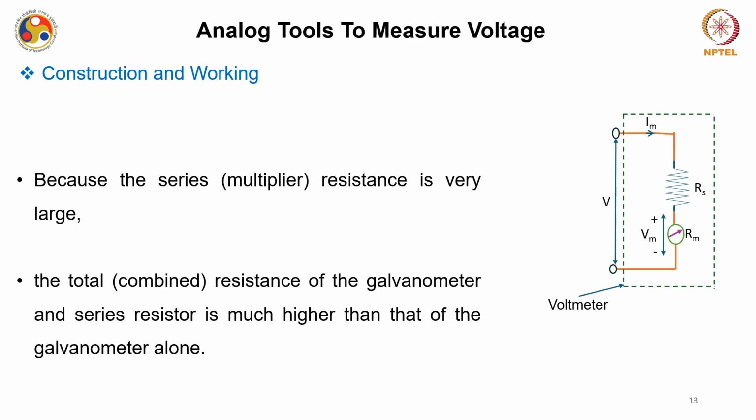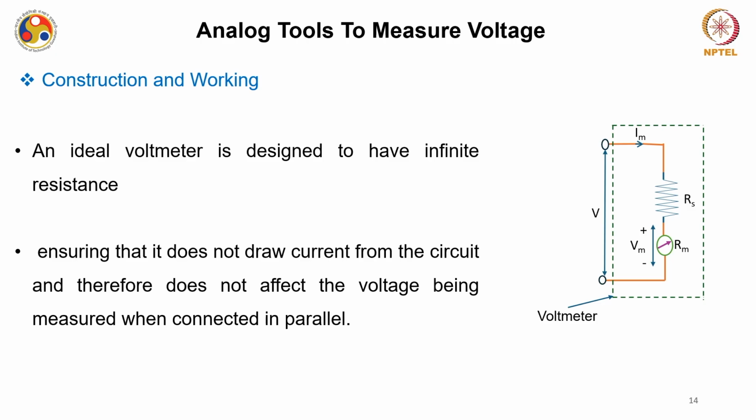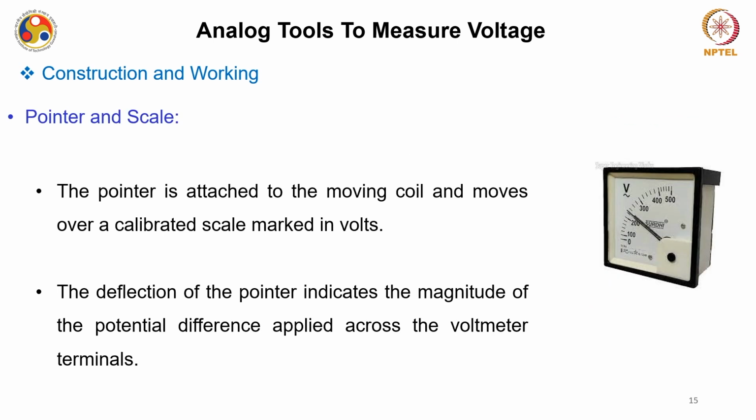Now because of this very high series resistance, the total resistance of the galvanometer and the series resistor is higher than that of the galvanometer alone, okay. An ideal voltmeter, as I have mentioned, is designed to have infinite resistance, ensuring that it does not draw current from the circuit and therefore does not affect the voltage being measured when connected in parallel, okay.